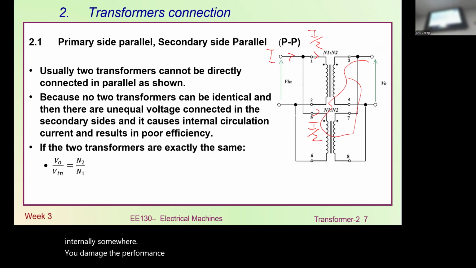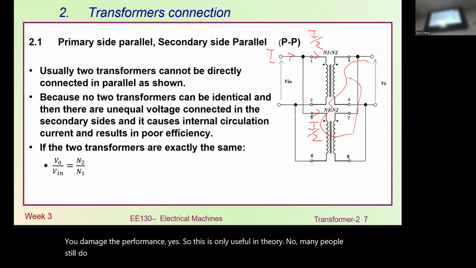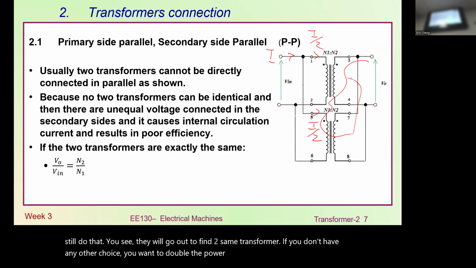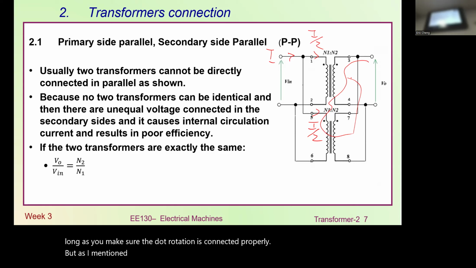So is this only useful in theory? No, many people still do that. If you go out to buy two same transformers, and you don't have any other choice, you want to double the power rating, you can still pair them, as long as you make sure the dot rotation is connected properly. If they are equal transformers, they will share the current equally.